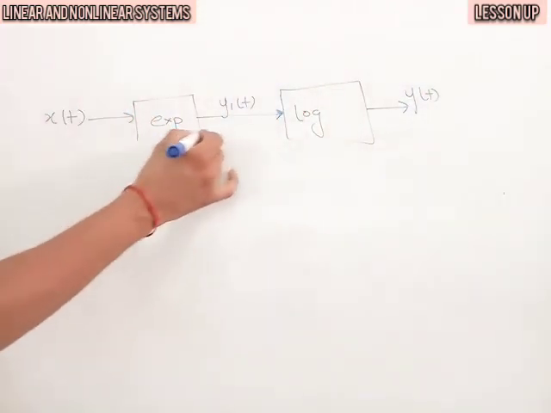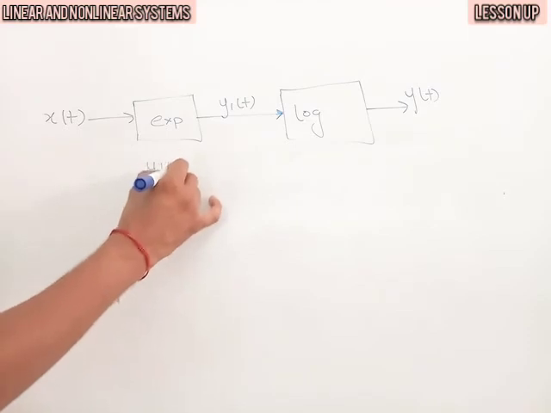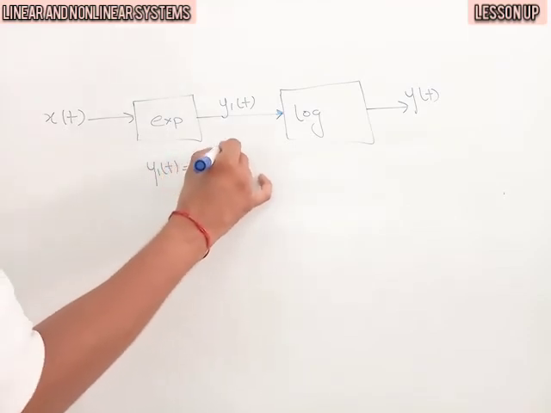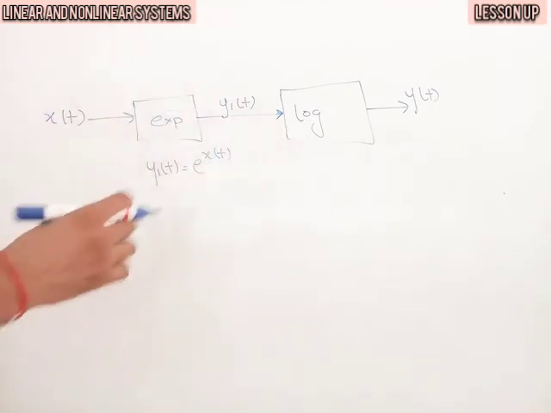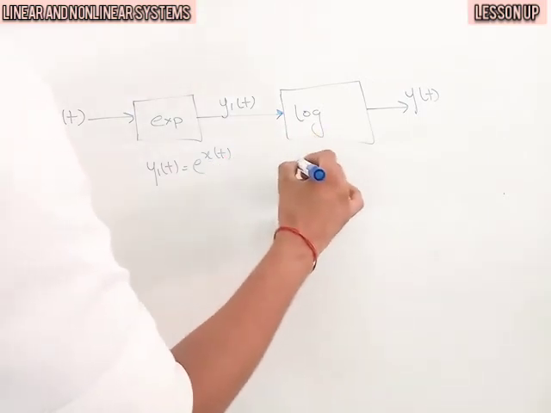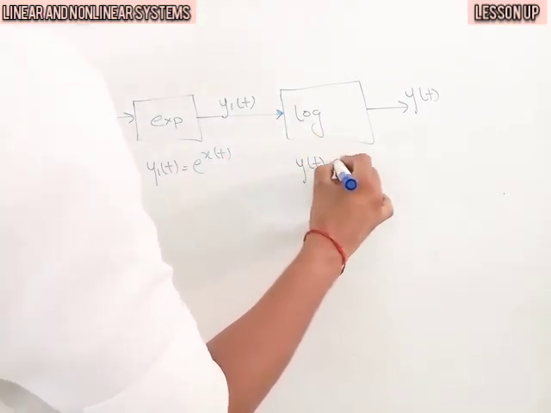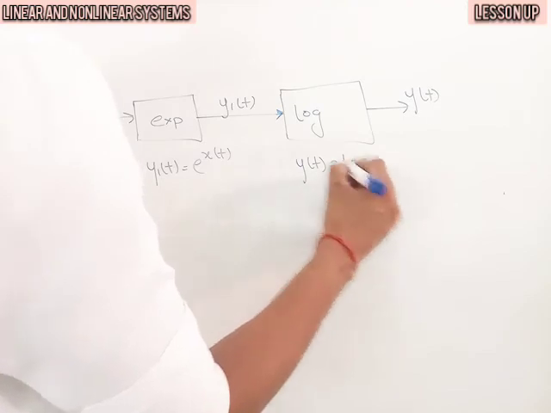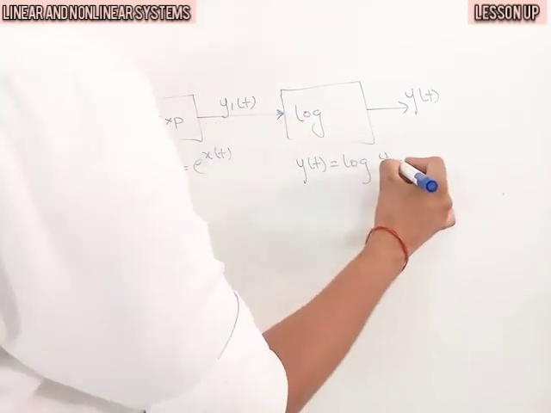So the output of the first block is y1 of t, which is equal to exponential of x of t, and the output of the second block, y of t, should be equal to log of input, and here the input is y1 of t.